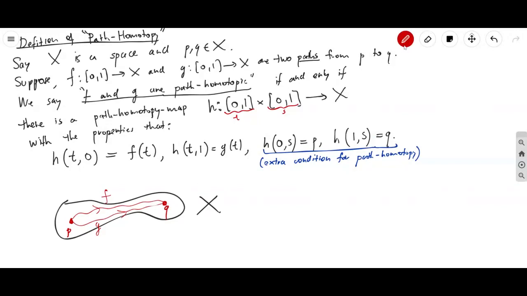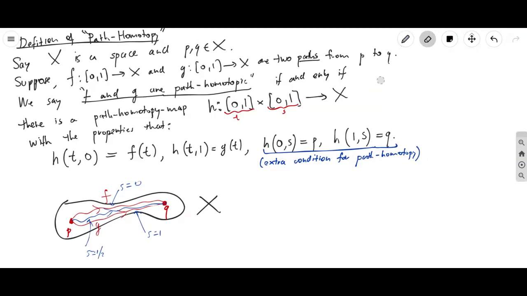So this is when S is 0, and this is when S is 1. And if you set S equal to a half, you get some kind of intermediate path that goes between them.